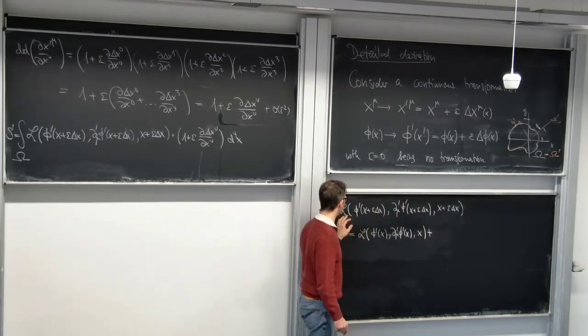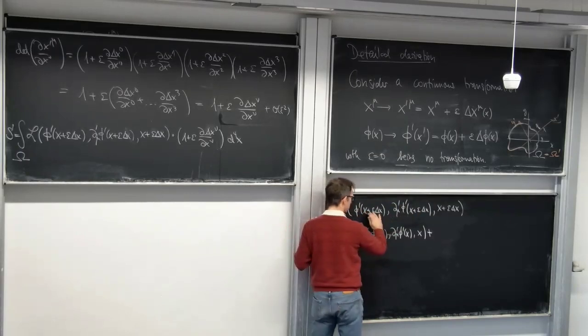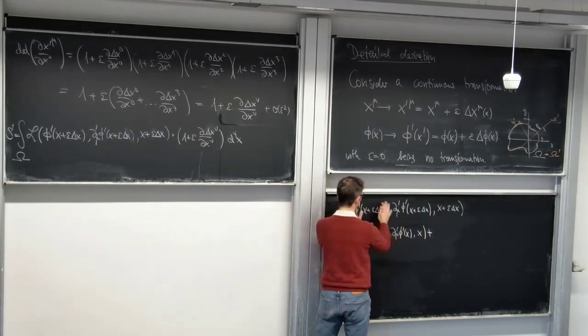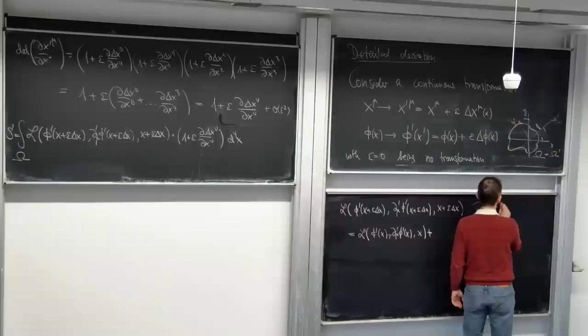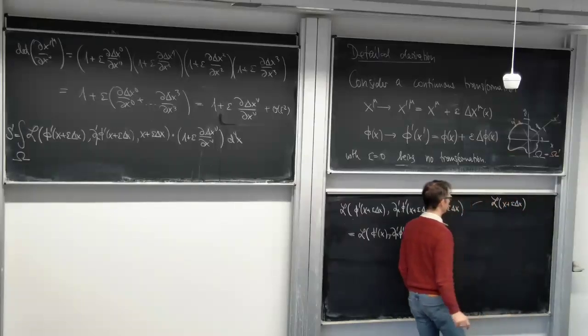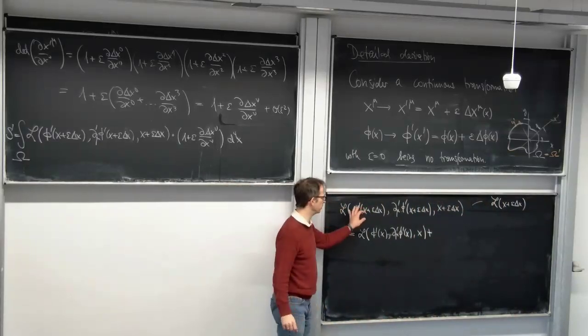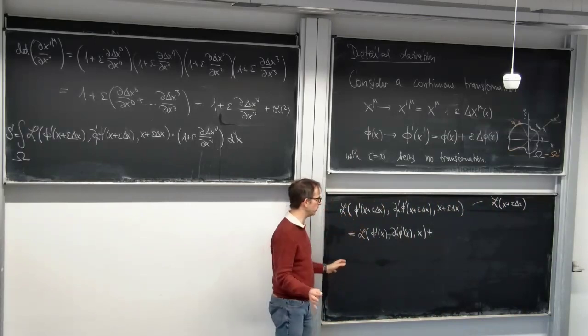Or I just think of the whole thing as a function of x or of epsilon, whatever it is. This is my L of x plus epsilon delta x, right? That's what this thing is. It has more structure, but it is a function of all. So I want to do all at once.